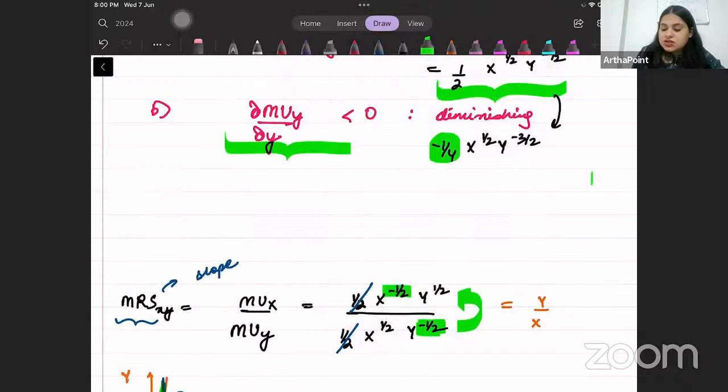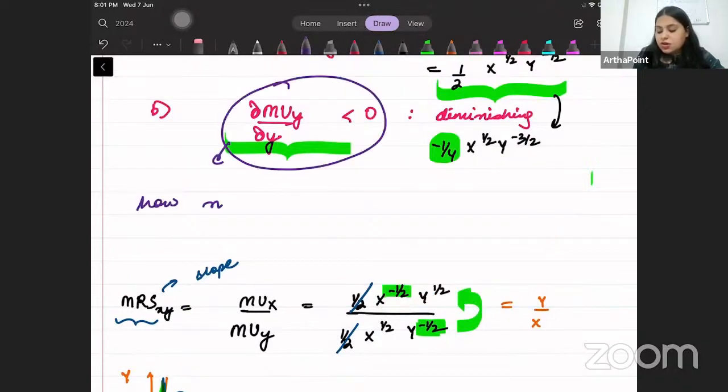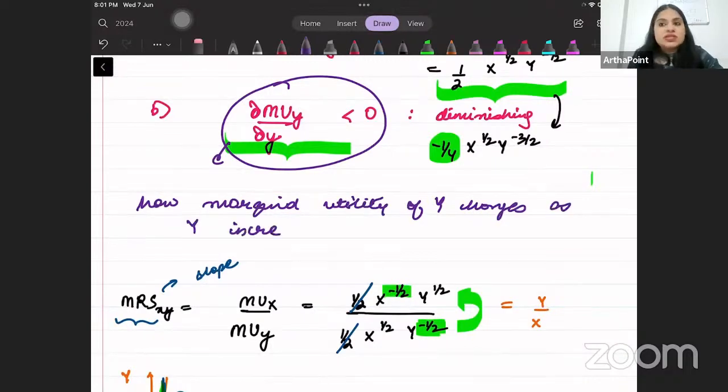So this means how marginal utility of y changes as y increases. Change ka matlab denominator mein is always considered to be increased. So if I increase the consumption of y, marginal utility of y decreases.